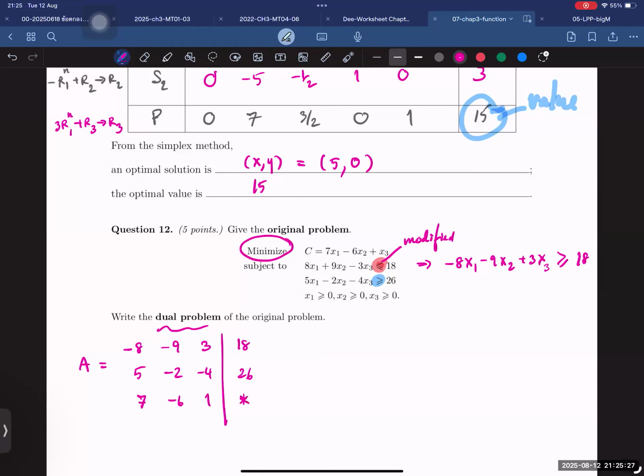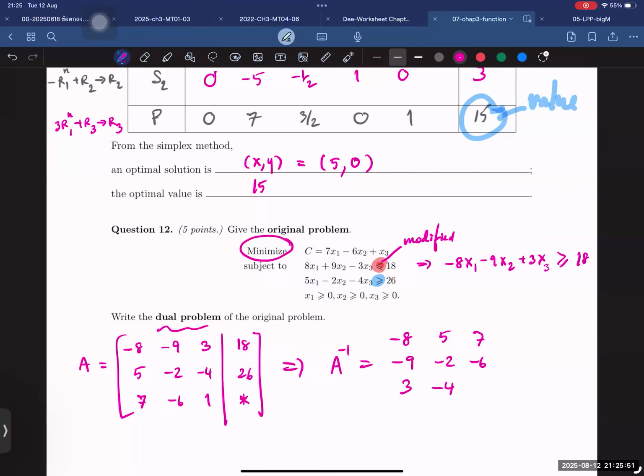This is your A. Now compute the A transpose. So we get -8, 5, 7, and -9, -2, -6, and 3, -4, 1, and 18, 26, and the star.